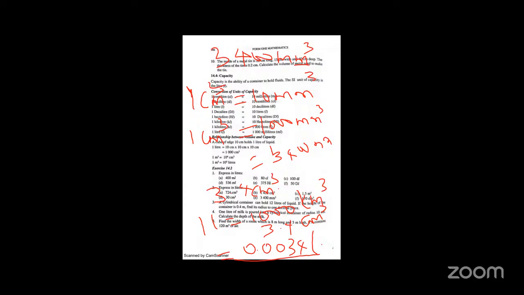Or you can decide to convert the millimeters to meters cubic, though that one is going to still give you the same result.